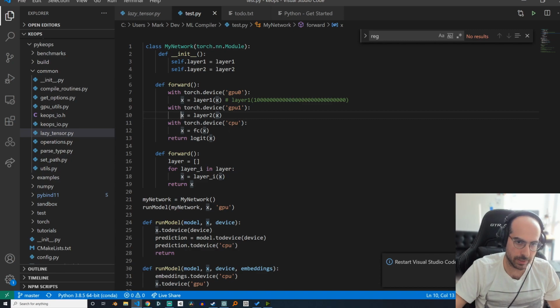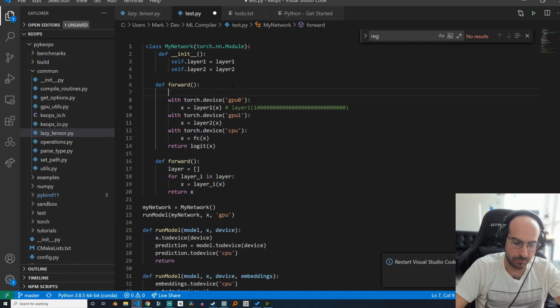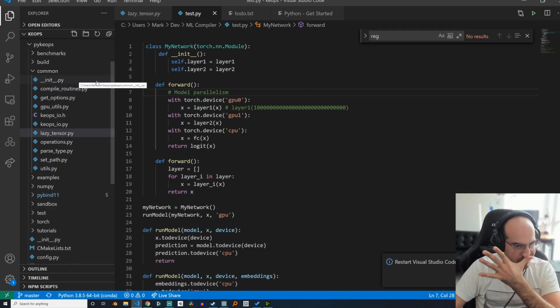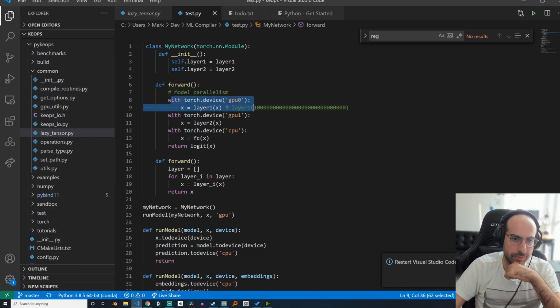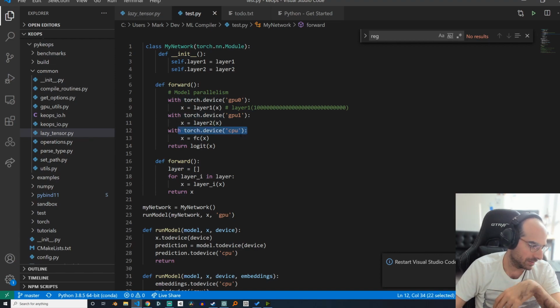This is an example of what's called model parallelism. As in, you have a single model that's way too big, how do you make it fit on multiple devices? So it's simple. Really what we're doing with these device placement papers is figuring out where we add these lines. Would it be better to have this on GPU 0?